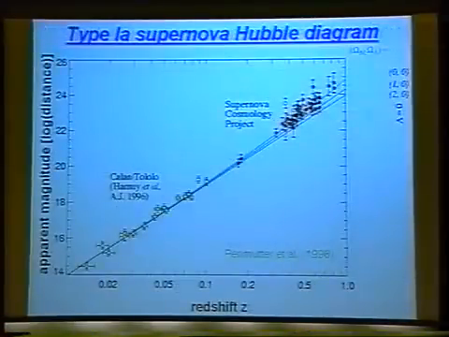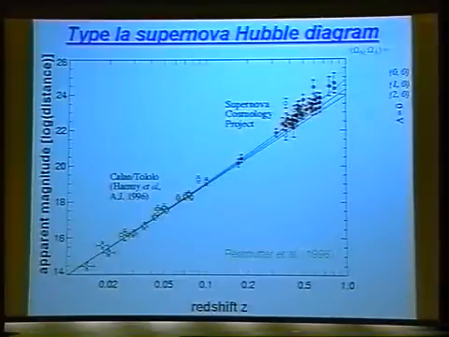This program has been done by two groups. This is the result of the Supernova Cosmology Project of Perlmutter et al. There is also another team known as the High-Z Supernova Team, and they have similar results. What they do is measure the apparent magnitude of the object as a function of the redshift.